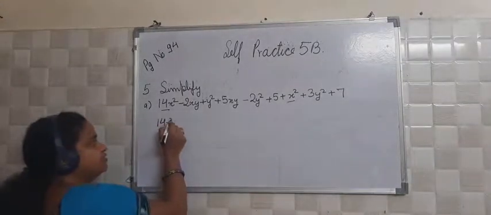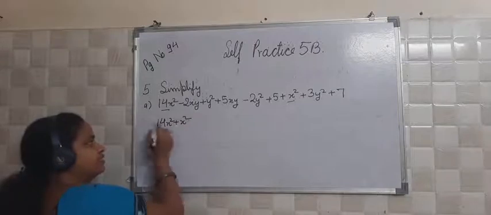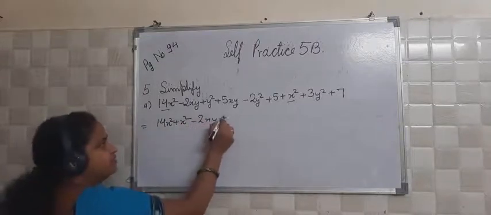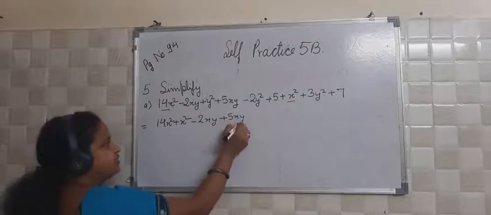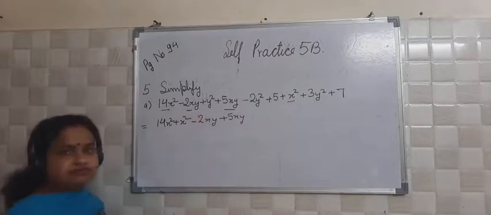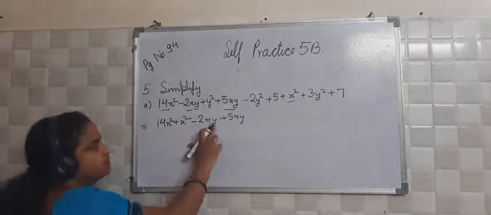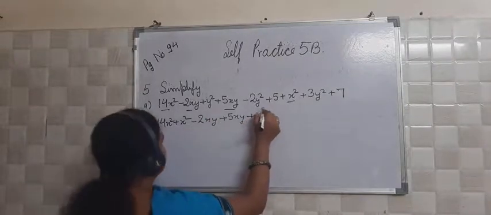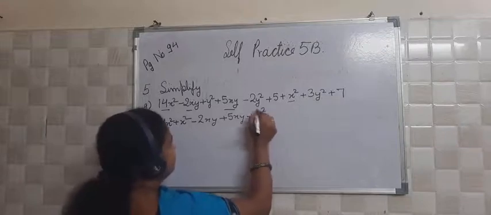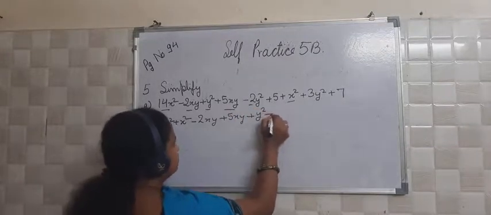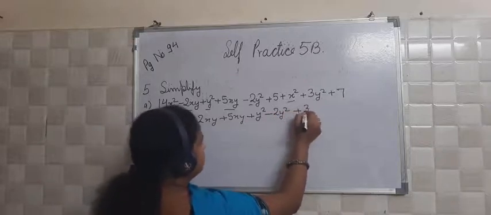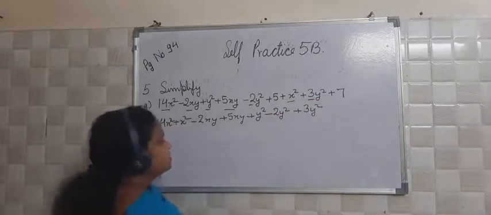14x square plus x square together. Then minus 2xy plus 5xy, they both will come together. Minus 2xy plus 5xy. Then we will take plus y square, and here minus 2y square, and plus 3y square. 3 places y square are there.